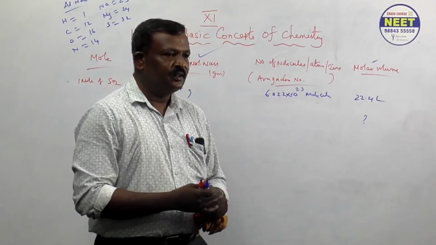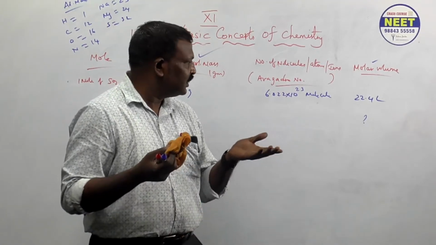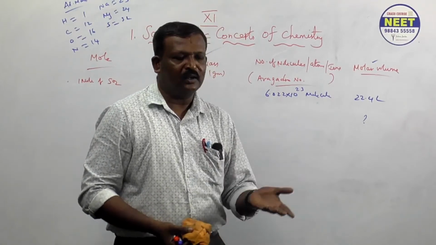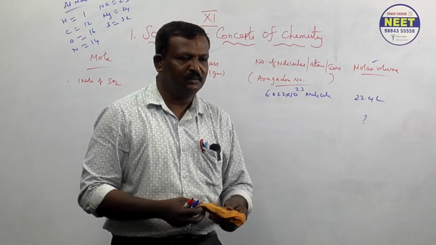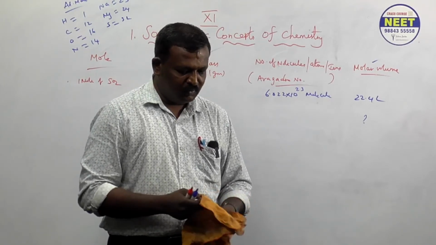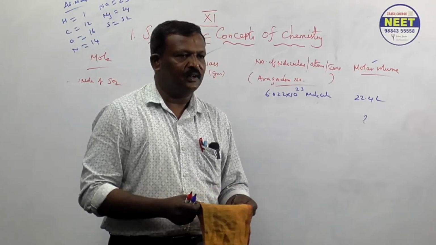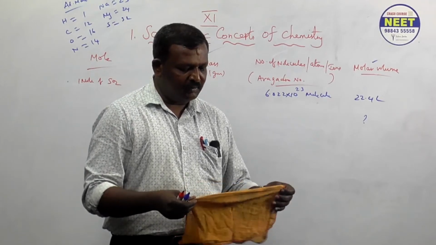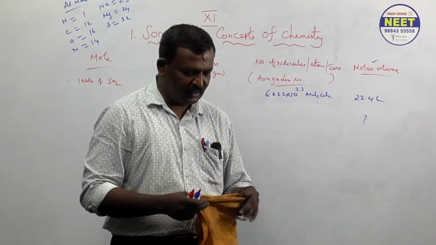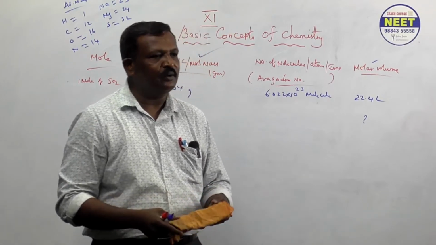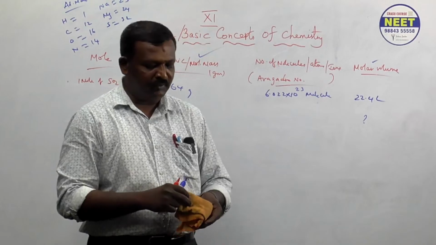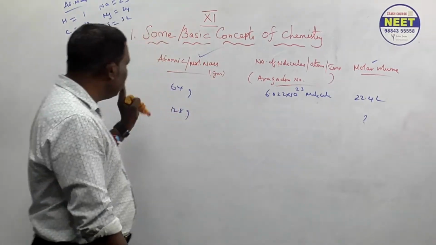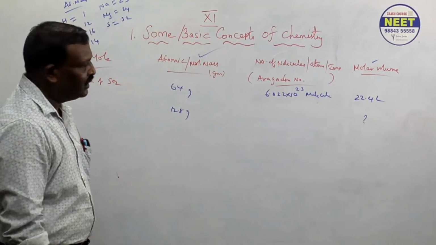After that, you can decide how many kilograms you want. Suppose you want 0.5 kilogram, you can buy it. If you want 0.25 kilogram, you can buy it. When you go to a shop you first ask about 1 kilogram of grapes. Then depending on how much money you have, you can buy 0.5 or 0.25 kilogram. Likewise, the same method: if you know 1 mole, the other thing we can find out.